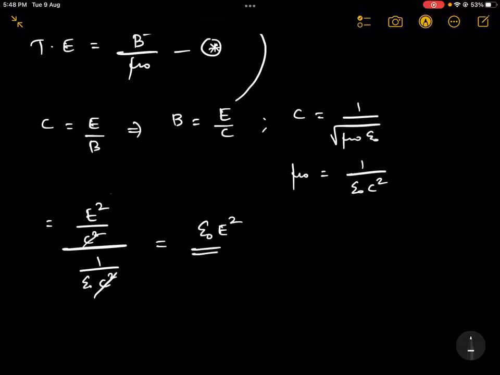So from this, if you observe, when you calculate the total energy density, you either get B square divided by mu naught or epsilon naught E square. Is it right? Is the point clear, guys?